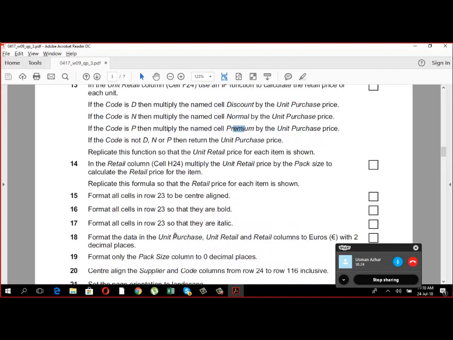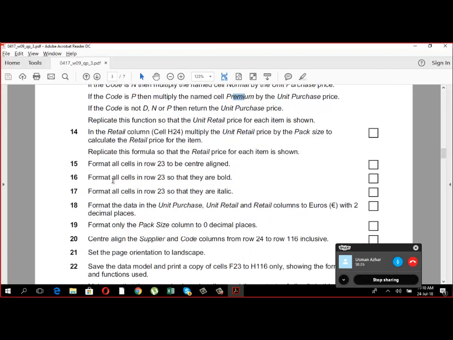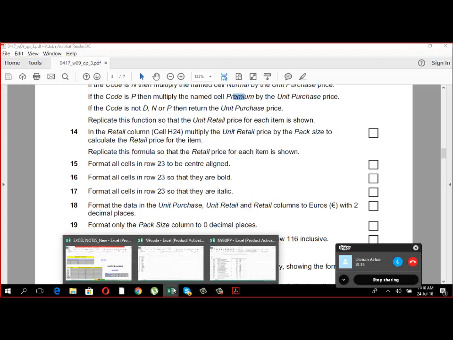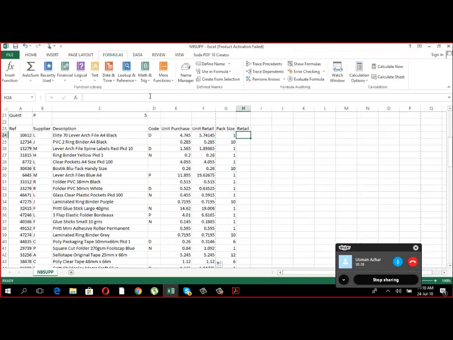Step 14. In the retail column, cell H24, multiply the unit retail price by the pack size to calculate the retail price for the item. So we have it over here. All we have to do is pretty easy. We need to multiply the pack size by the unit retail.